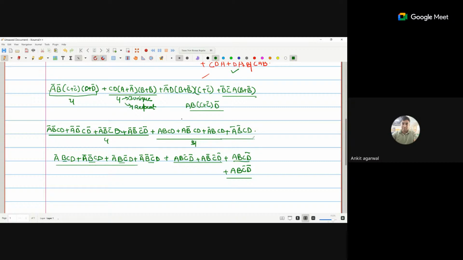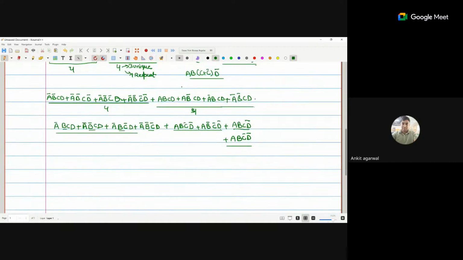Now I represent these with binary numbers. Just remember that this is D C B A, because the MSB is D. So 1, 1, 0, 0, which is 12, then 0, 1, 0, 0, then 0, 1, 0, 0, 1, 0, 0, 0, 0, 0, 0, 0, 1, 1, 1, 1.